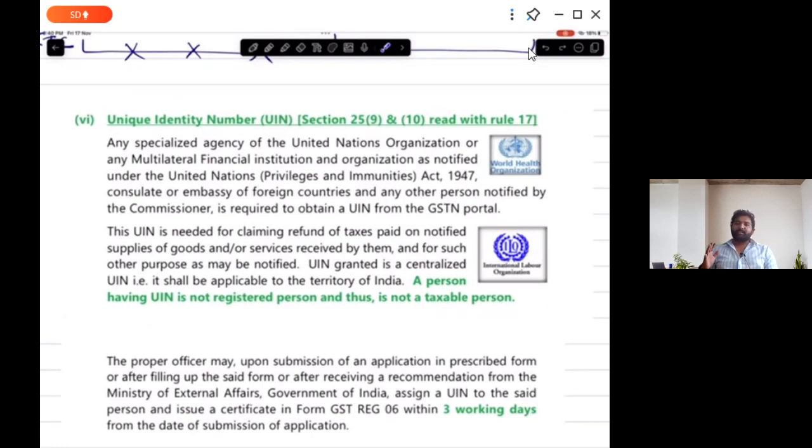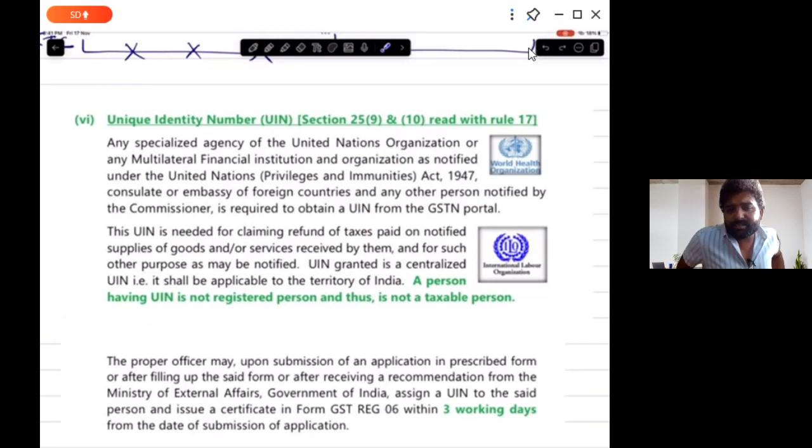So a normal taxpayer needs to apply for a GSTIN number. But if you are an embassy or a UN body, then you will be getting not a GSTN number, you will be getting a UIN number. Of course, unique identification number.